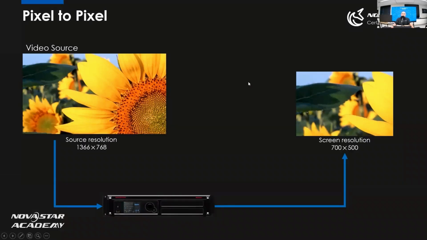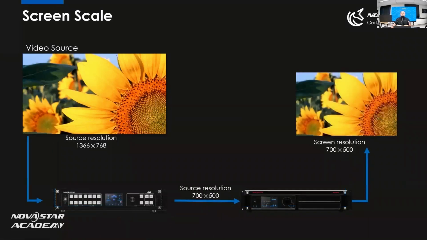That means we need to add one more device in this structure, which is a video processor. So the structure becomes the video source, the video processor, the sending controller, and the screen. After the image resolution is scaled through the video processor, the image fits our screen resolution, so we can get a complete display of the image.